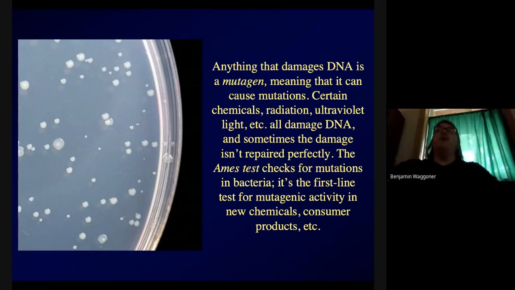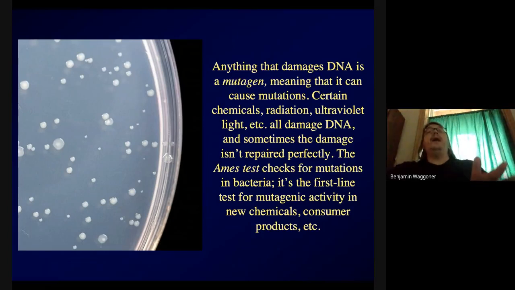All of those can damage DNA. Your body's got amazing enzymes for repairing the damage, but they're not perfect. So what will occasionally happen is the DNA in one of your cells gets damaged, doesn't get repaired right, and ends up with an altered sequence of bases from what it used to have.